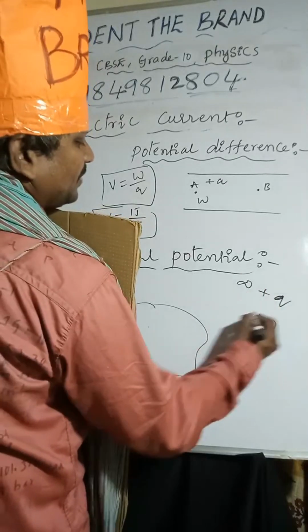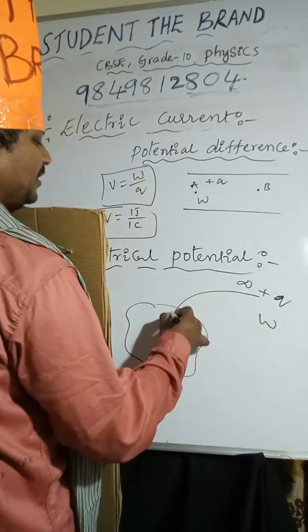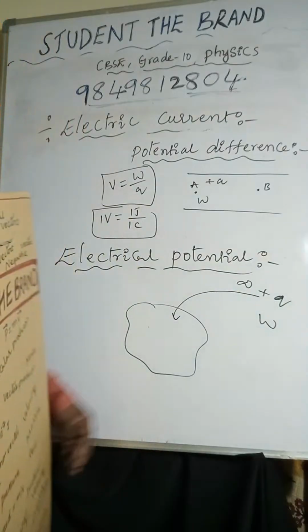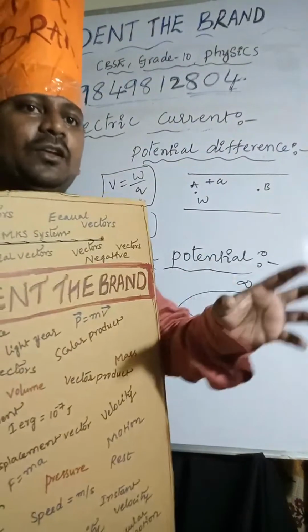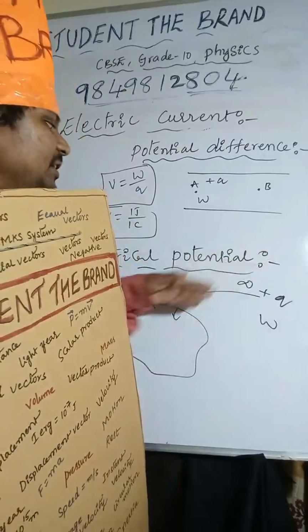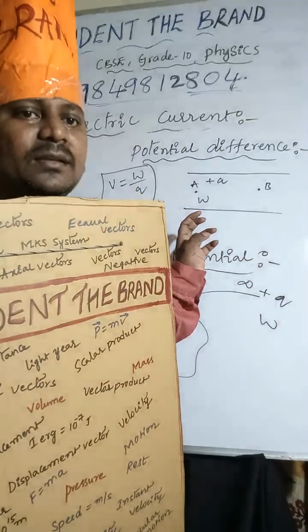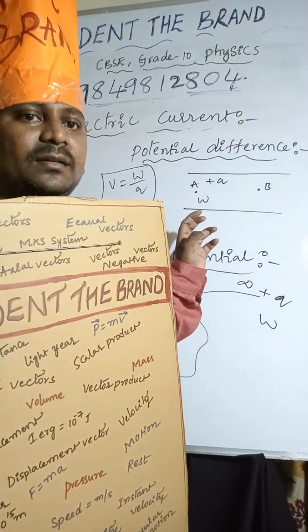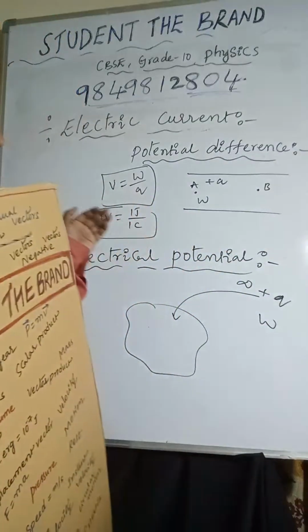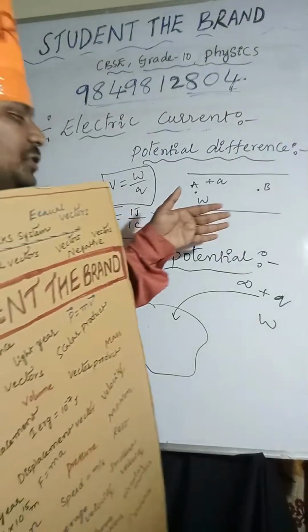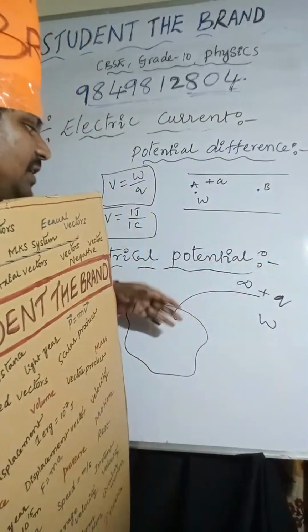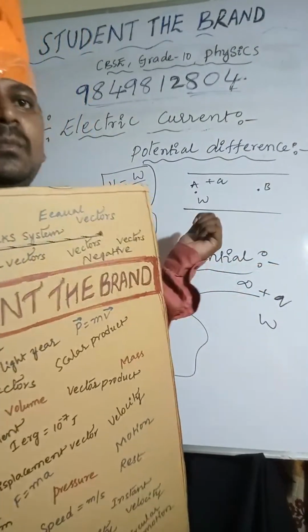We are doing some work to bring a unit positive charge from infinity to the required field. Work done to bring a unit positive charge from infinity to the required field is called electrical potential.